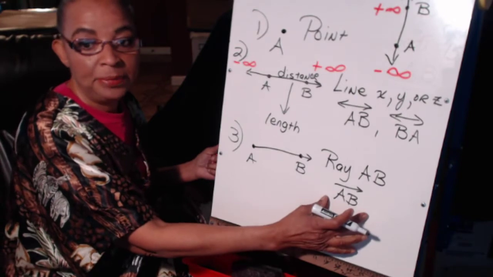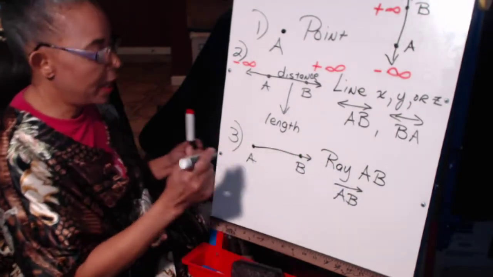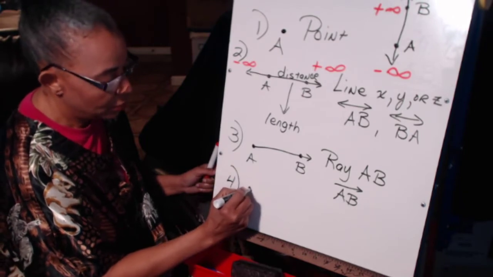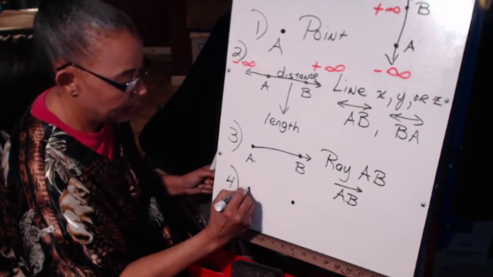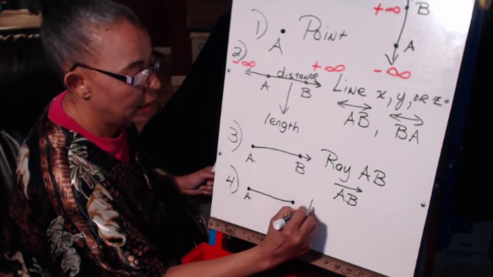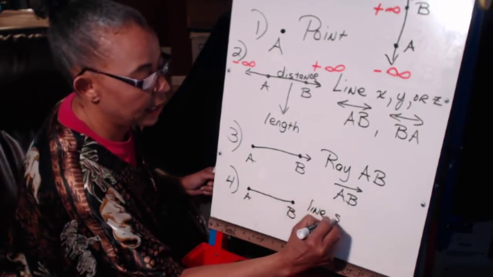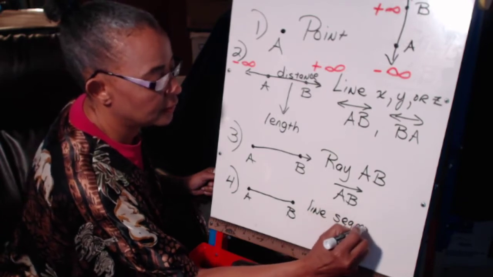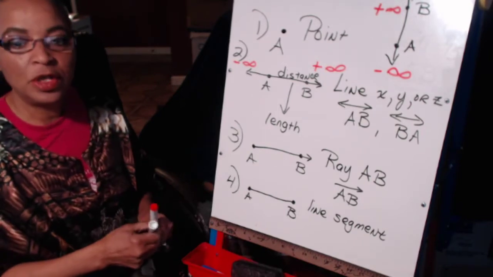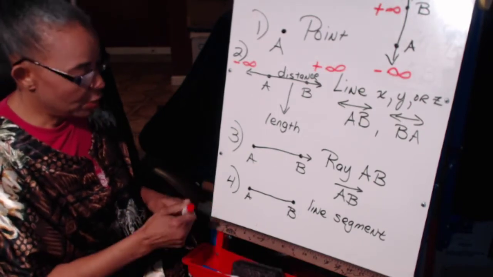So we have our point, we have our line, we have our ray, and our ray is named AB. Notice I didn't say BA. And finally, we can look at a line segment. Now with the line segment, notice we have two endpoints.